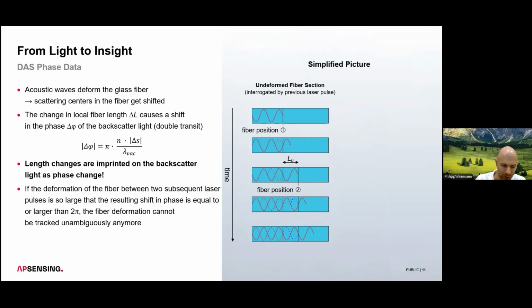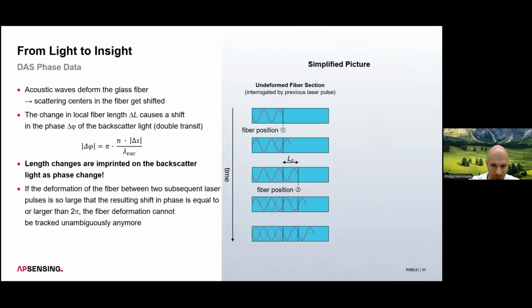So at a later point of time, the incoming laser pulse is now arriving at fiber position 2, which can be some meters to the right side. During that time, the backscattered light, the dashed curve, has propagated to the left side. And now we get a second backscatter signal from fiber position 2, because also there is a scattering center.